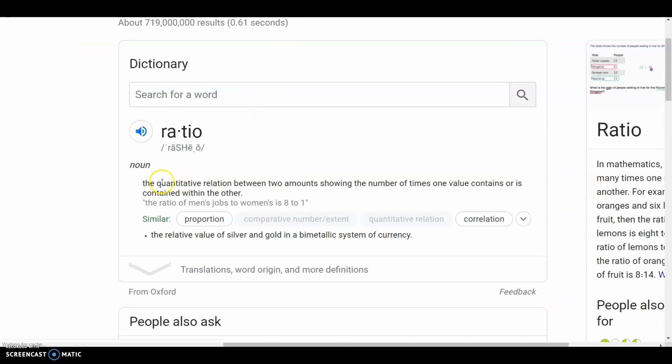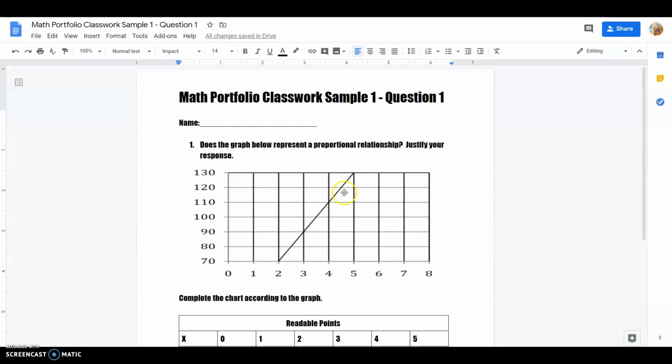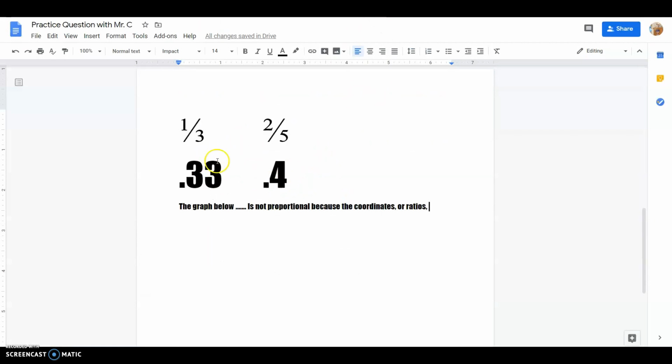A ratio is a relation between two amounts. So the relation between these two amounts are not equal. That's pretty much how you explain that one.